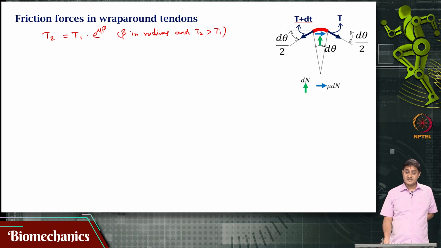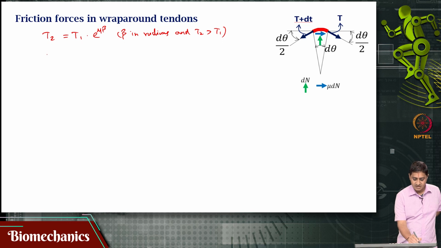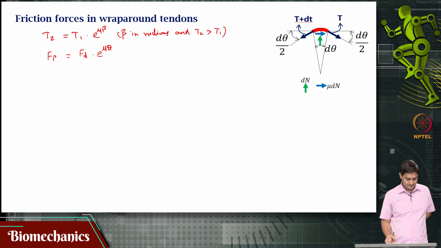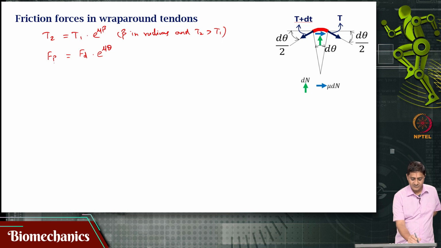In biomechanics, this is usually written as the force on the proximal side of the tendon is the force on the distal part of the tendon times e power mu theta, where theta is the angle of contact, mu is the coefficient of friction, Fd is the force at the distal end of the tendon, and Fp is the force at the proximal end.